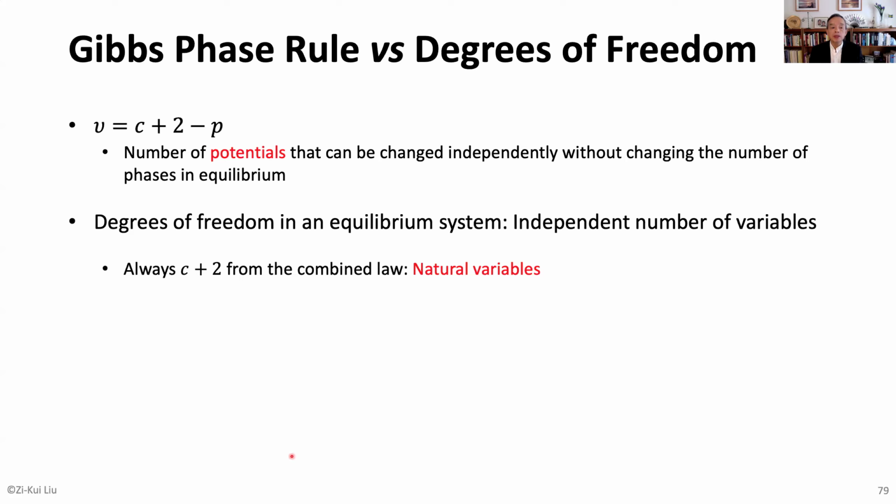So you can change them independently, and you can do this with all molar quantities like internal energy, entropy, volume, and Ni. You can change them freely without changing the number of phases in the system. It only changes the fraction amounts of the phases. You still stay in the same number of phases in equilibrium; by changing the C plus 2 variables, you just change the relative amounts of each phase.